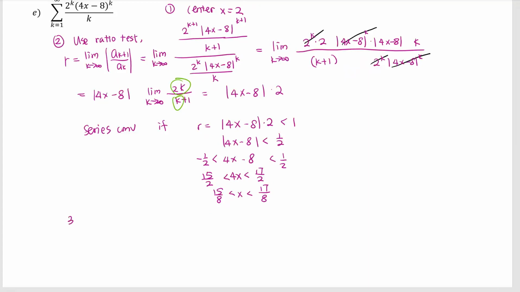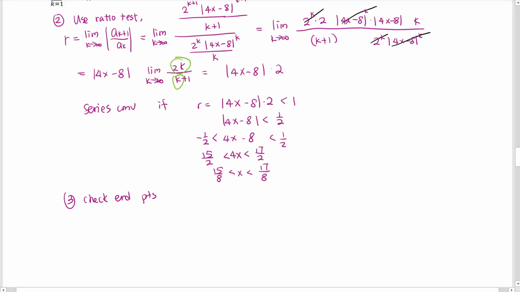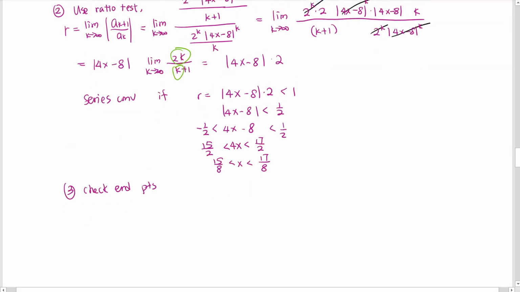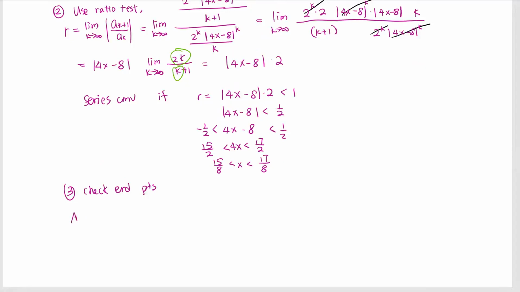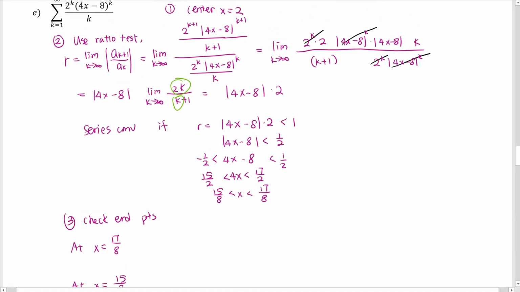Okay? The third step, we gotta check endpoints. So what are the endpoints? We have 17 over 8 and 15 over 8. 17 over 8.